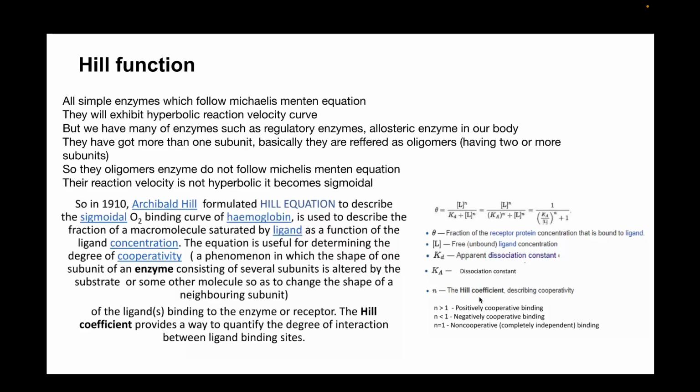So this is the Hill equation. Theta is the fraction of the receptor protein concentration that is bound to a ligand. So this is in the context of a ligand-receptor binding situation.